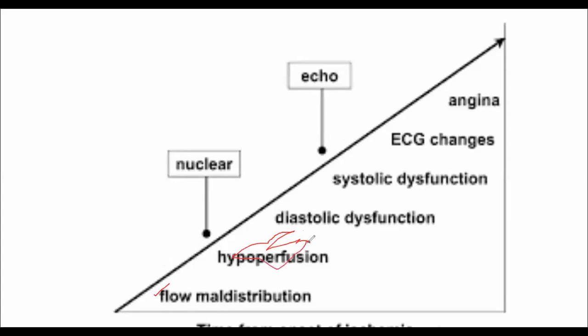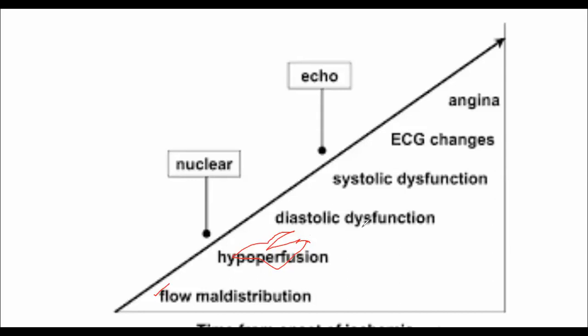Meaning the earliest presentation of ischemia is detected by nuclear cardiology, either the PET scan or the SPECT myocardial perfusion scan, as a perfusion abnormality when there is disturbance in blood flow or in distribution of the blood.